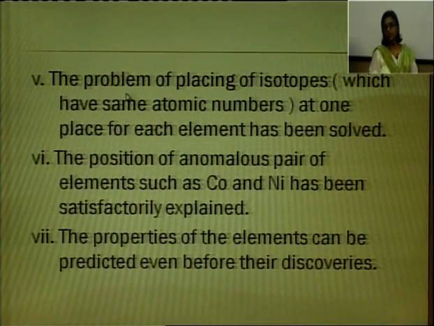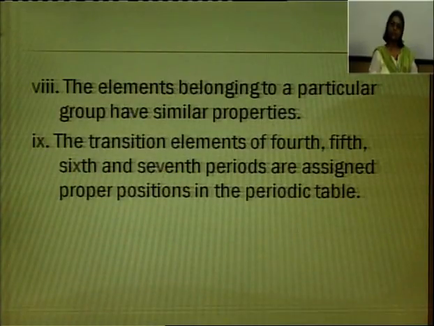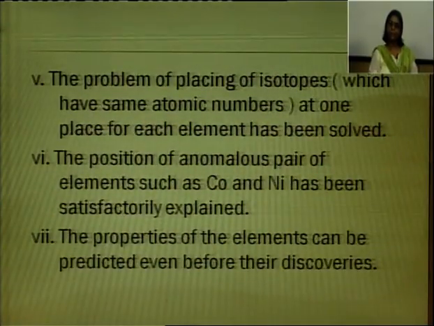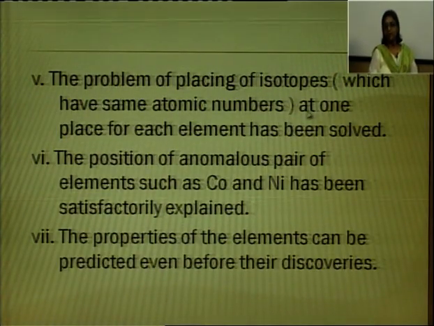Then the problem of placing the isotopes. Isotopes are those elements which have the same atomic number, and one place for each element has been solved. Actually this point arises from Mendeleev's periodic table, where he could not place the isotopes in the same group, because that was dependent upon the atomic weight.